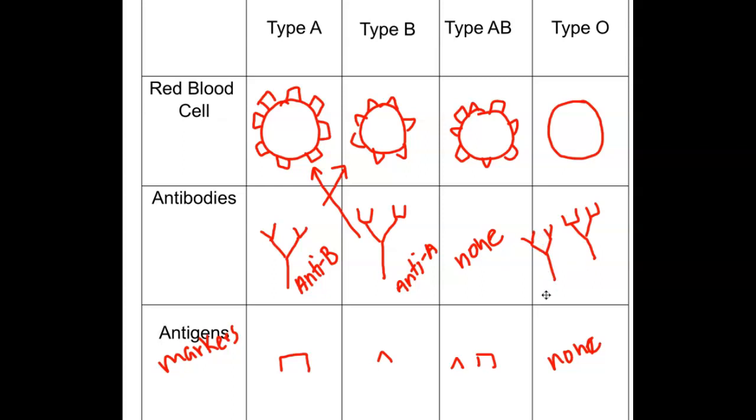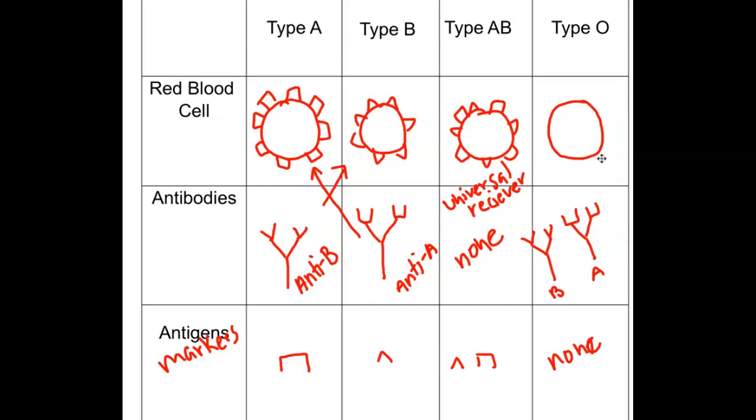So anti-B and anti-A antibodies are the ones that they have. So that's the chart that we're filling in. With that being said, because type AB blood has no antibodies, this makes them the universal receiver, which means that they can get blood from any other type of blood.